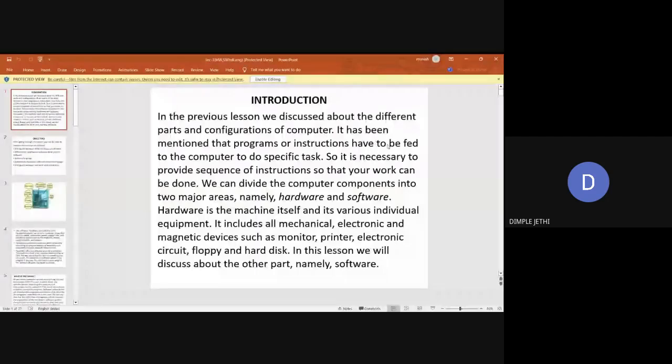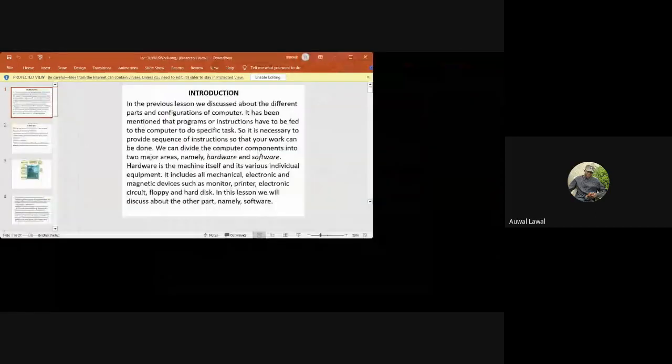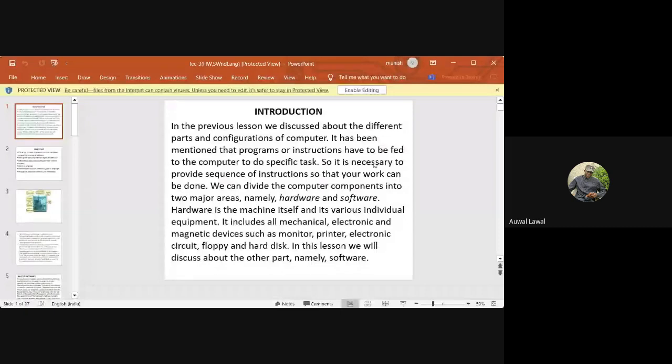All of you can see this? Yes, is my file visible? Yes, it is. Okay, thank you.